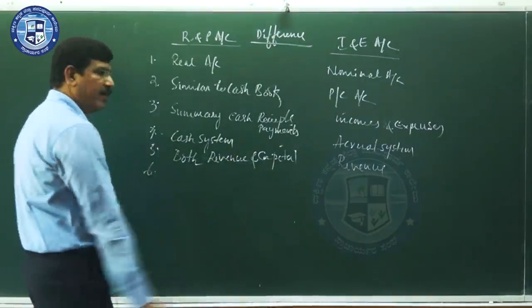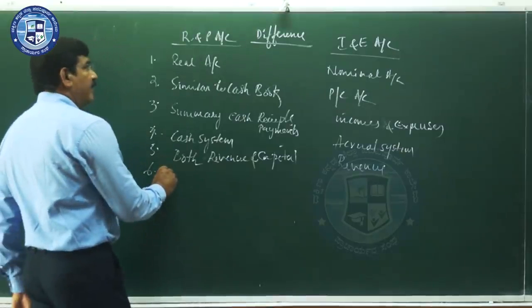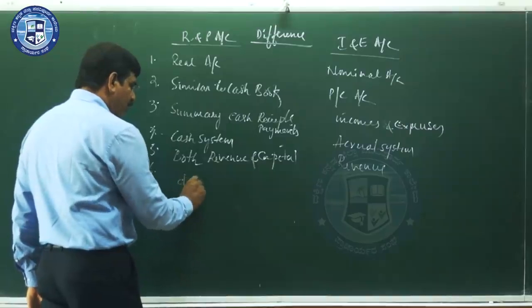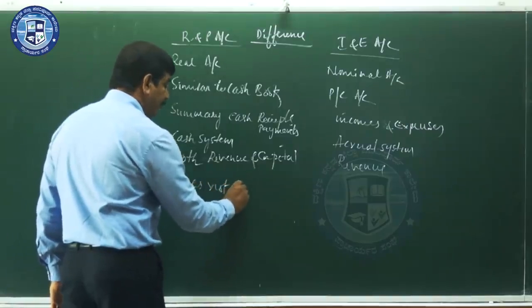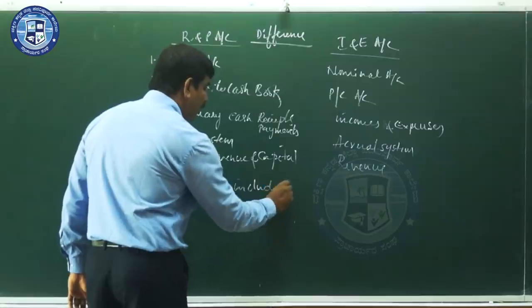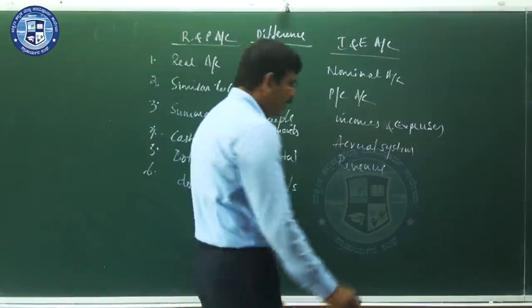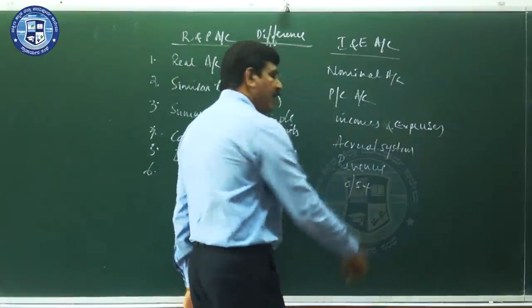The sixth important difference is receipts and payments account does not include outstanding items, but income and expenditure account includes outstanding items.